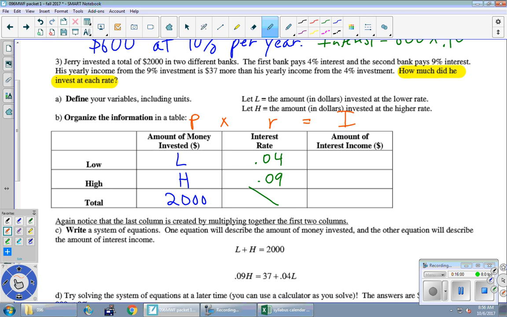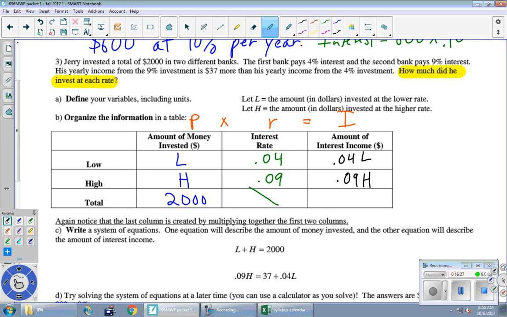That's what we called I up above in that formula. I equals P times R. So how do we get the last column in this table? Well, we just multiply the first two columns. So 0.04 times L and 0.09 times H.